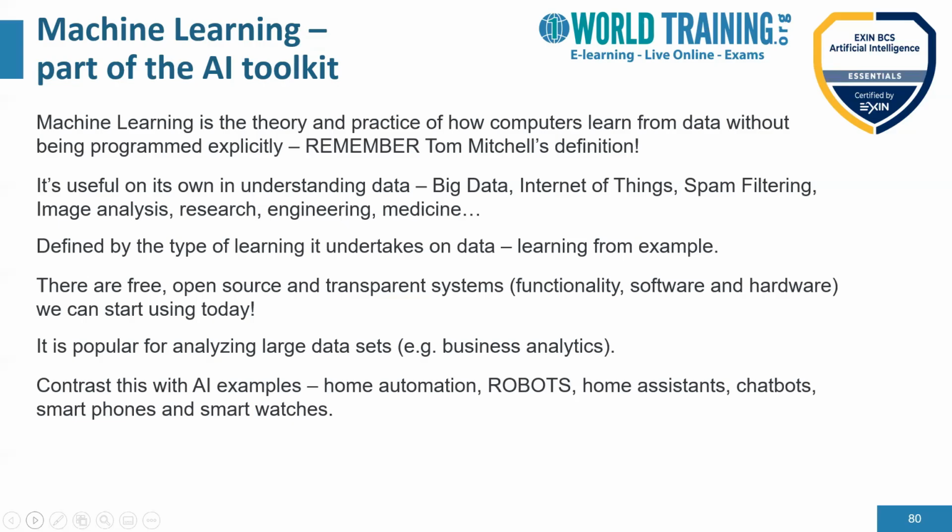So as we say, defined by the type of learning it undertakes on data, we are considering it from the perspective of learning from the example. So how things learn from the example. There are various free, open source and transparent systems for machine learning algorithms, which have the functionality, software and hardware, and we can certainly start picking up some of those algorithms and start working on them.